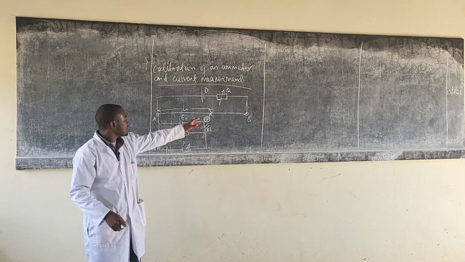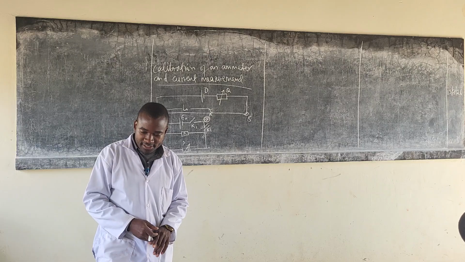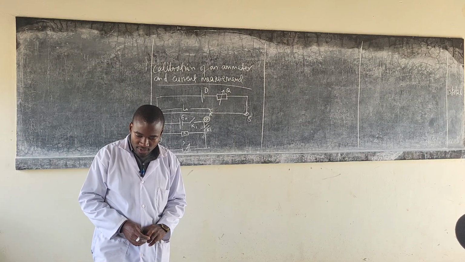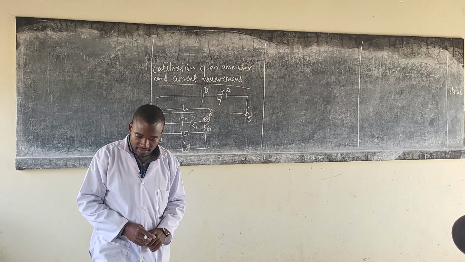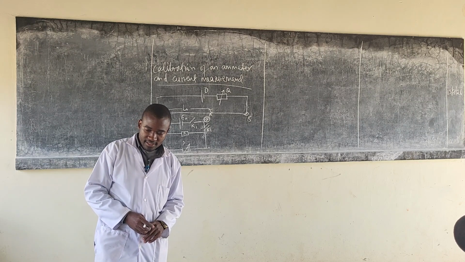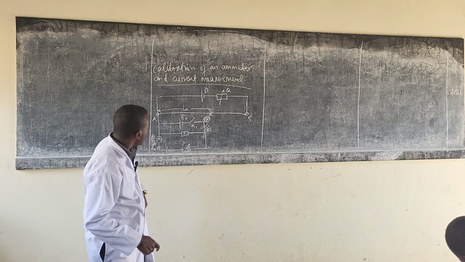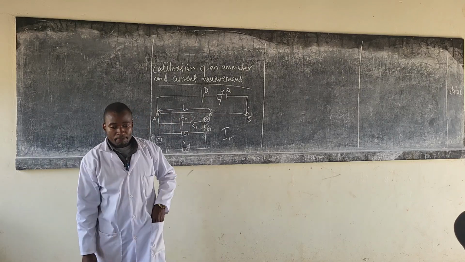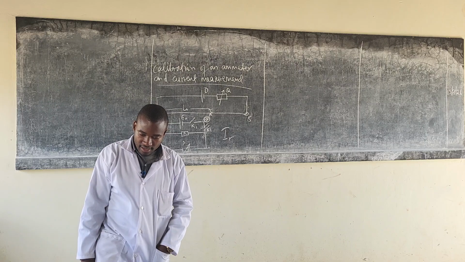So P is adjusted so that the ammeter records the smallest current. We can define it as I subscript R.